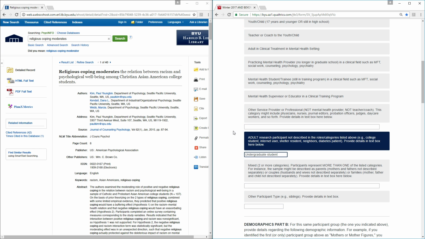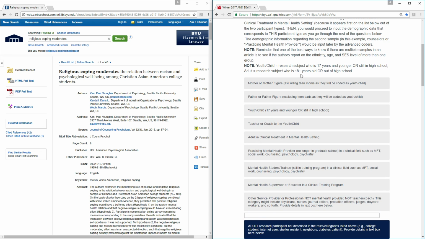If we do have multiple samples in our study, we're not going to look at the majority sample of the multiple samples or the one that's listed first in the research study, but we want to input information for the first one that would be listed in this list in Qualtrics in these options.